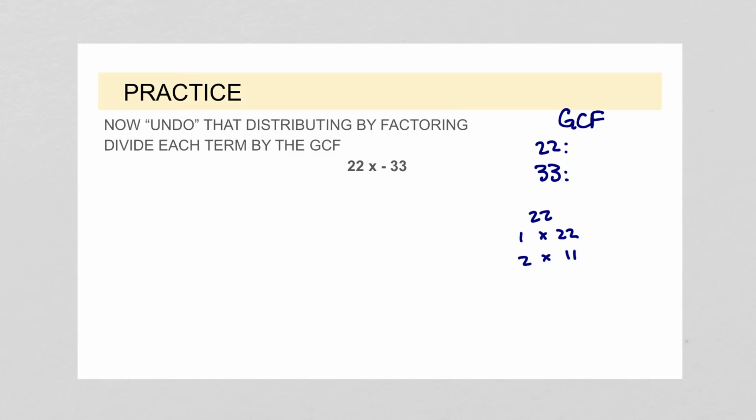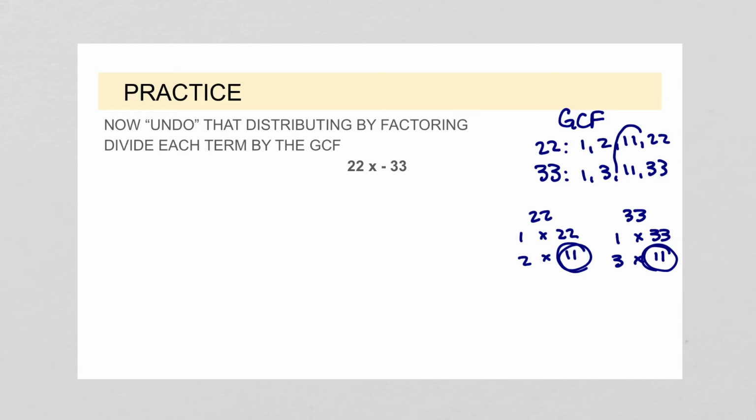No, that's it. 33, we've got 1 and 33, 3 and 11. We can see that the biggest one there is 11. They both have that 11. So my GCF is 11.